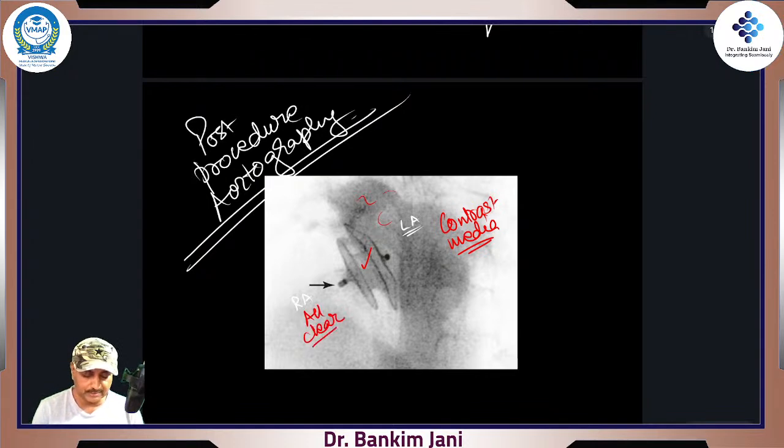This means that the procedure has been done successfully. There is no flow via that ASD into the right atrium. So this is how it looks like. And this is the real Amplatzer. See the middle portion is quite thin, and this is a smaller one that will remain towards the right atrium. This bigger one will remain towards the left atrium.